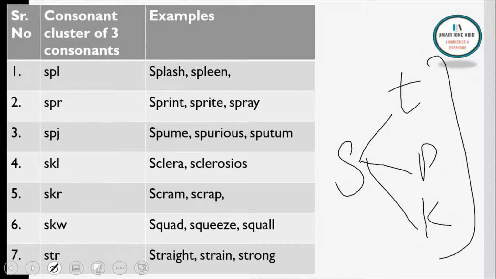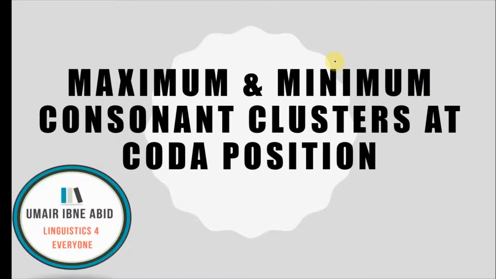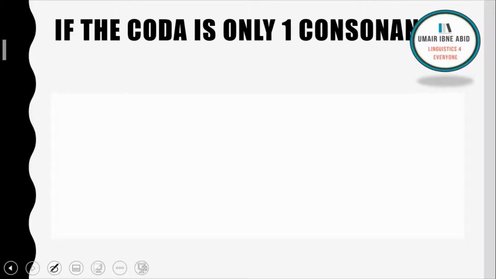All are plosives. So whenever we have a combination of three consonants at onset position, the second one, just after s, must be a plosive.